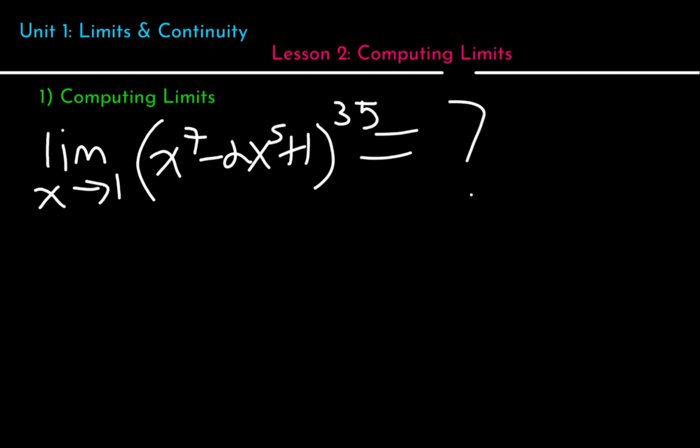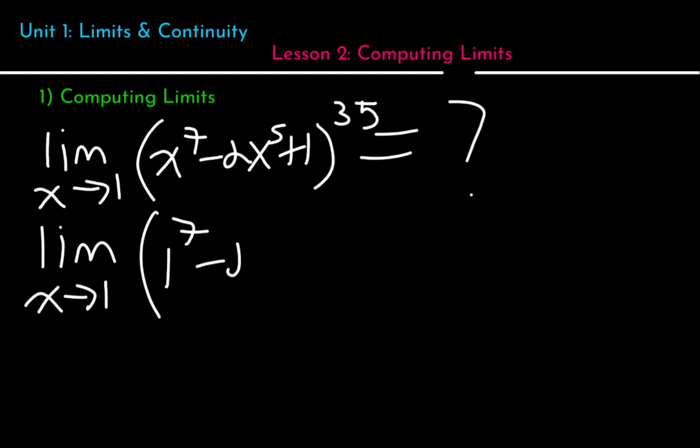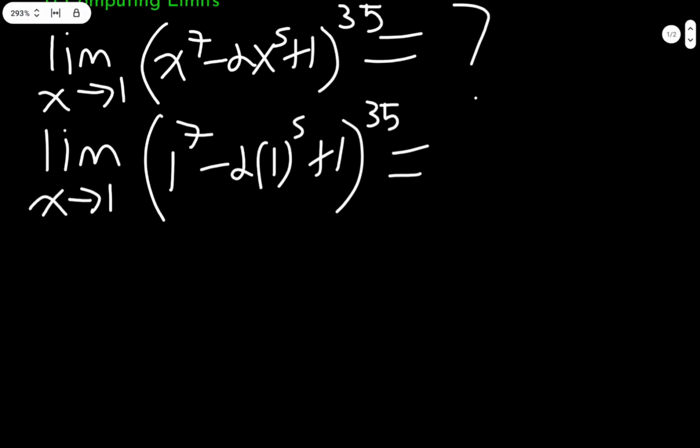So in order to solve this limit, what we're going to do is this. Plug in a 1. So we're going to have the limit as x goes to 1, plug in the 1, minus 2 times 1 to the 5th plus 1 to the 35th equals, right?